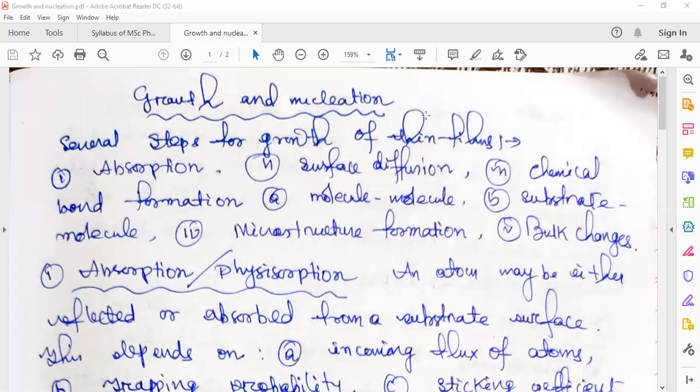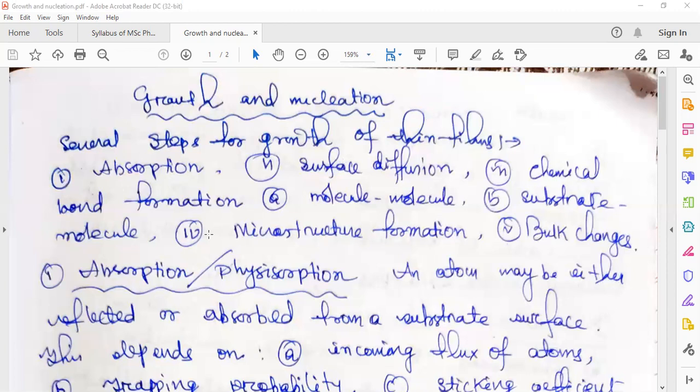These are the different growth processes involved for thin films. So again: absorption, surface diffusion, chemical bond formation, then microstructure formation, and bulk changes.